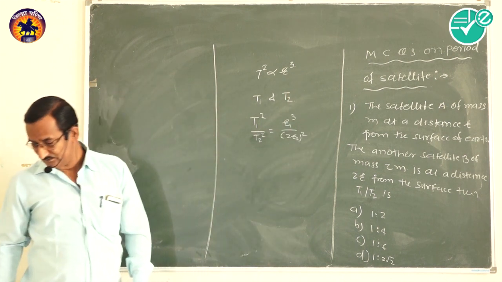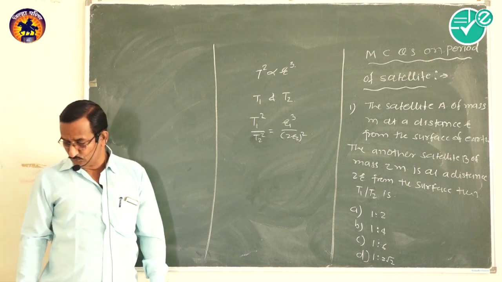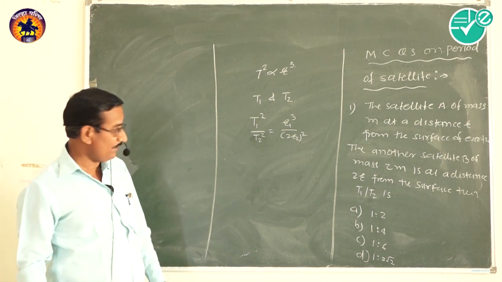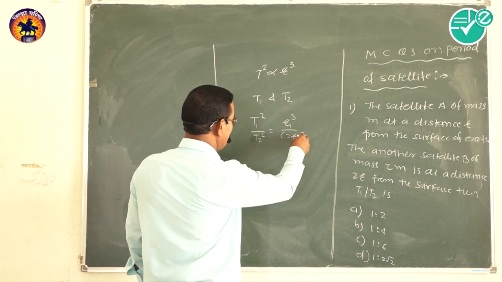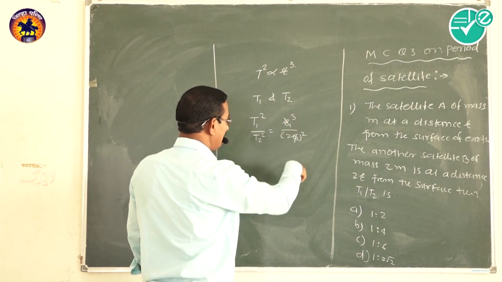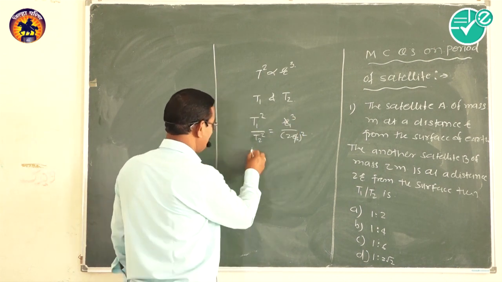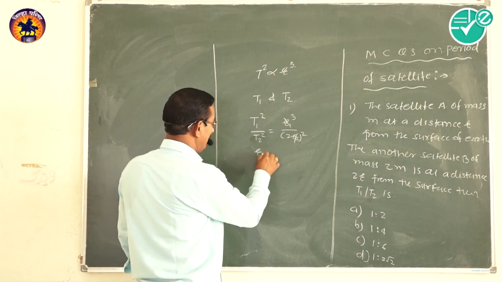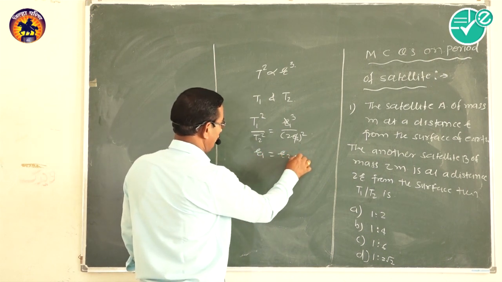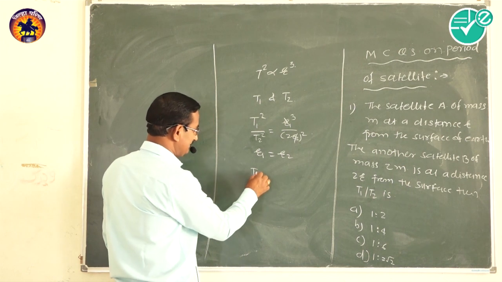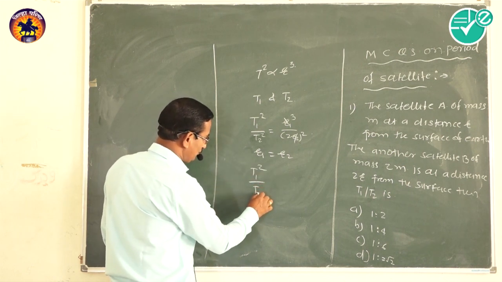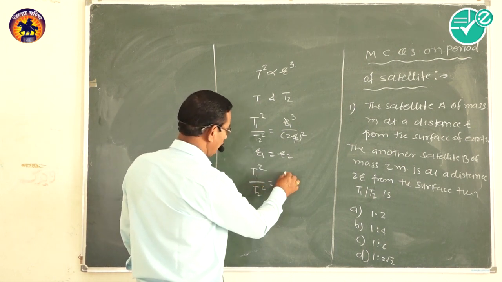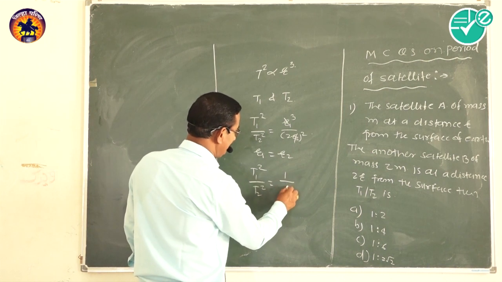From these equations, we take the cube, and R1 and R2 get cancelled, because R2 is equal to twice R1. Then T1 square by T2 square is equal to 1 by 8.